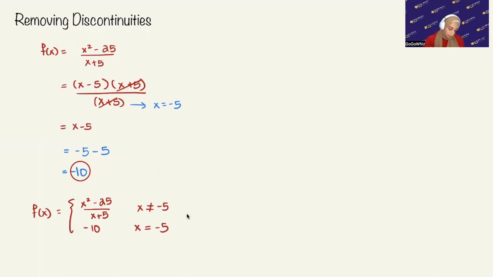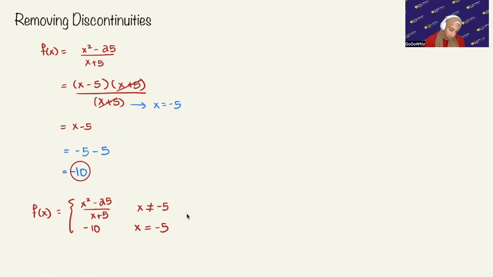So once I got rid of this removable discontinuity, the function exists at x equal to negative 5, and it's equal to negative 10. So then, actually, I've made this into a continuous function, right?